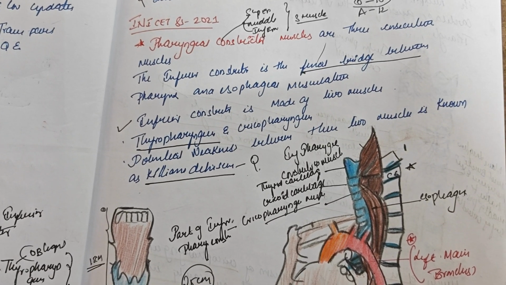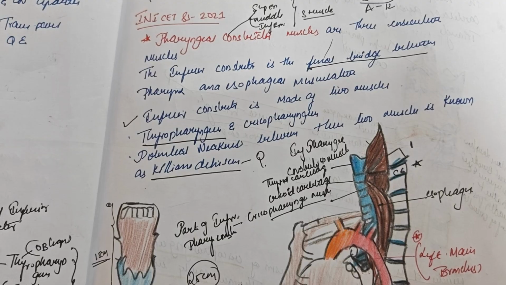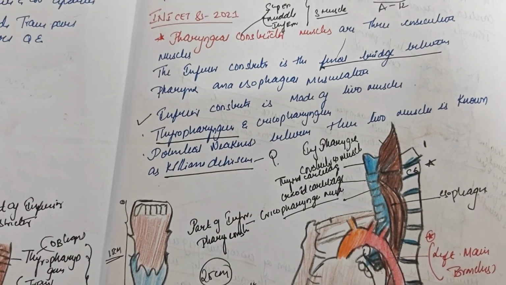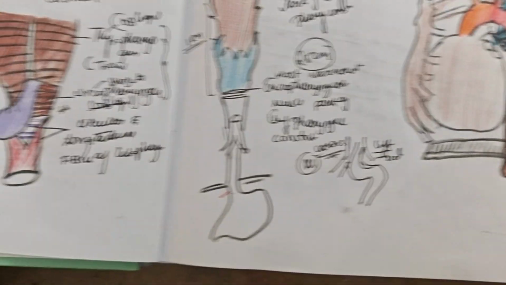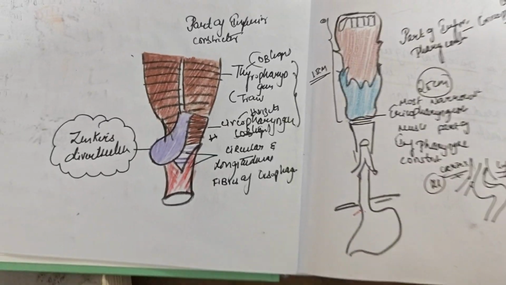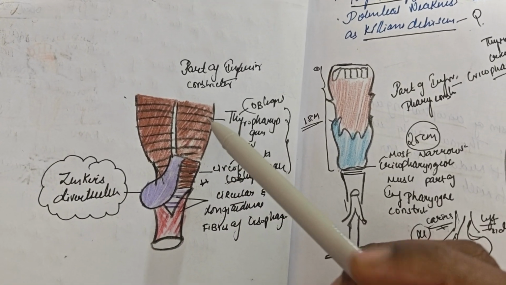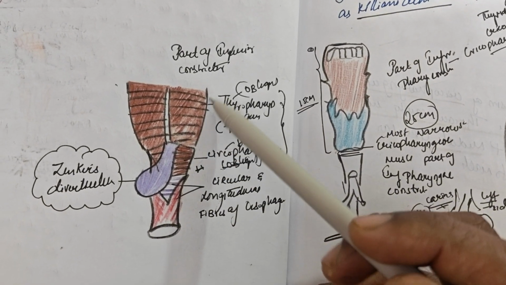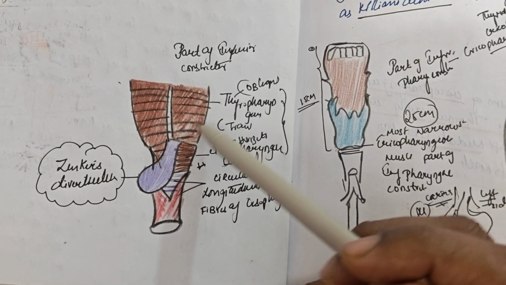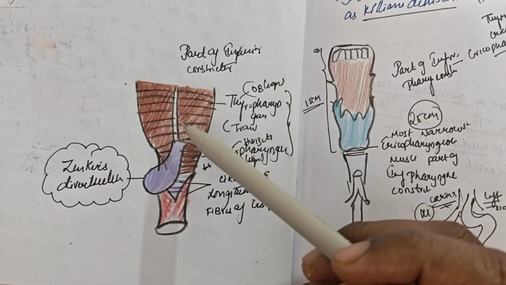The potential weakness between the two muscles is known as Killian's dehiscence. Now if you look at this, this is the posterior aspect of the pharynx and this is the esophagus. You have a muscle here, and this muscle is the thyropharyngeus.